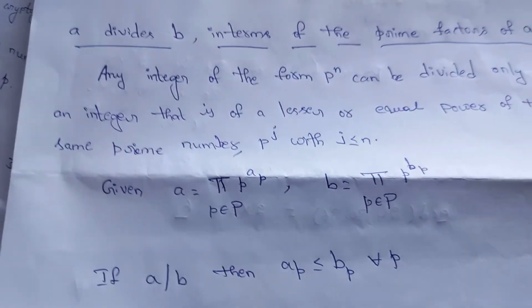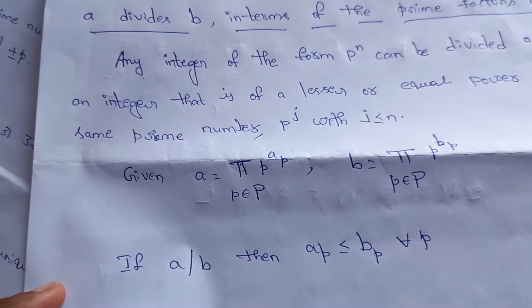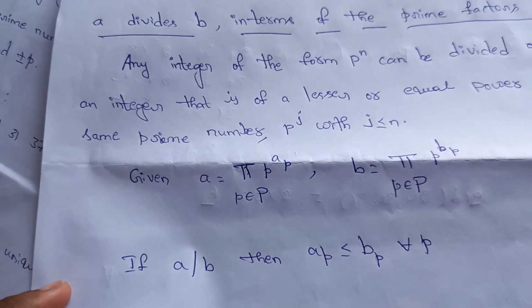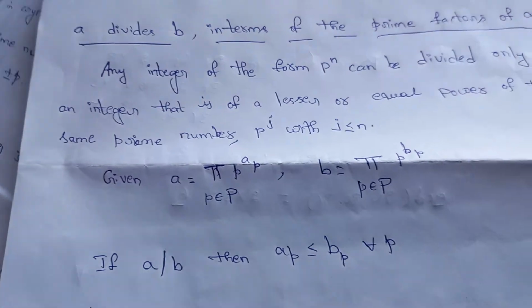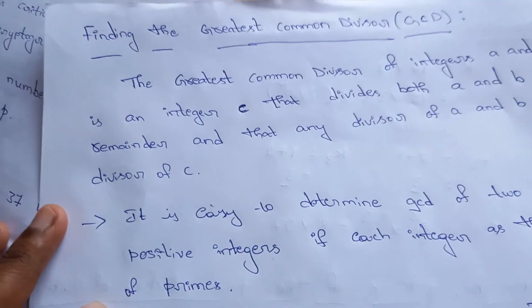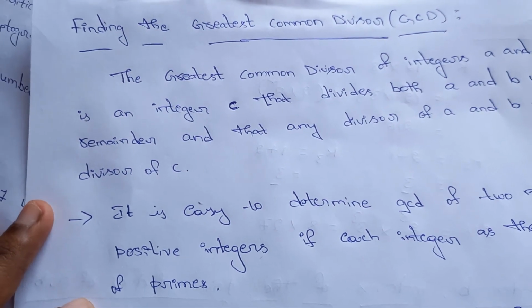One more thing: up to here we have seen the fundamental theorem of arithmetic, and how a divides b. One more topic is GCD. We can find the GCD of two or more numbers using the prime numbers concept, that is, finding the greatest common divisor.